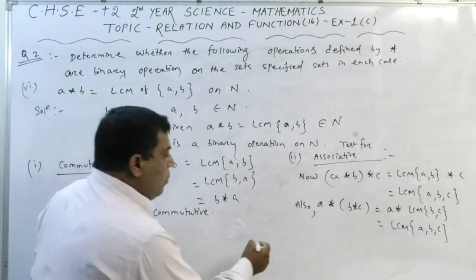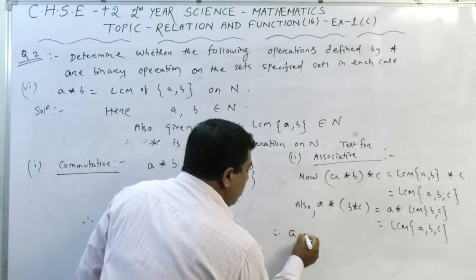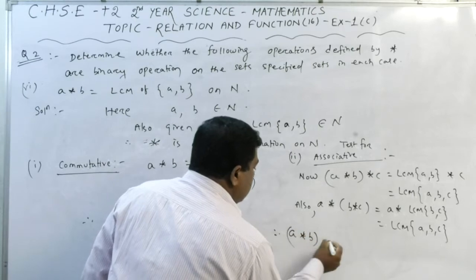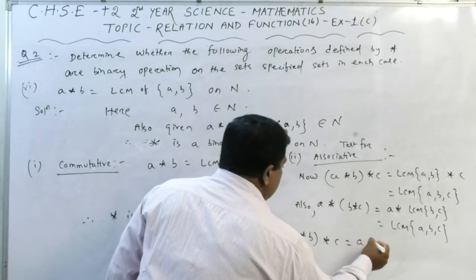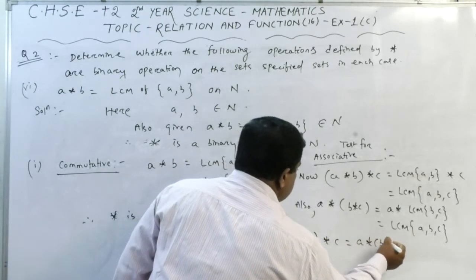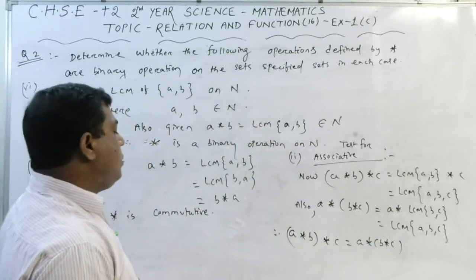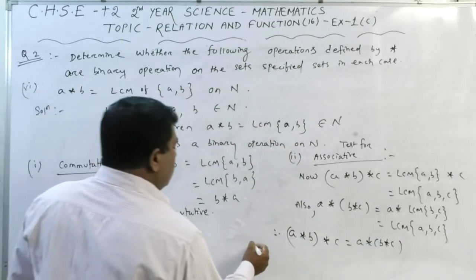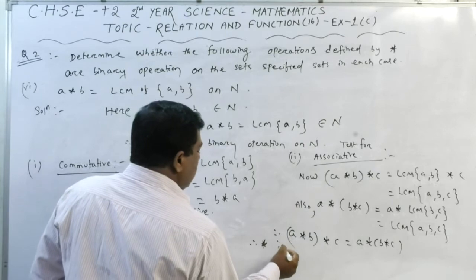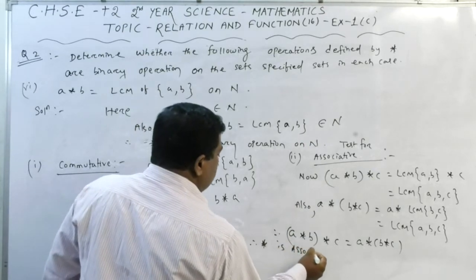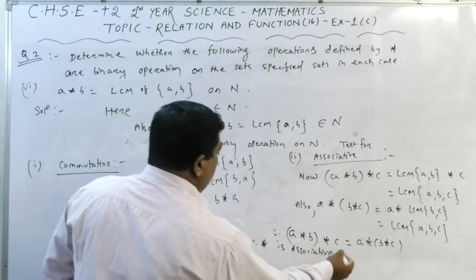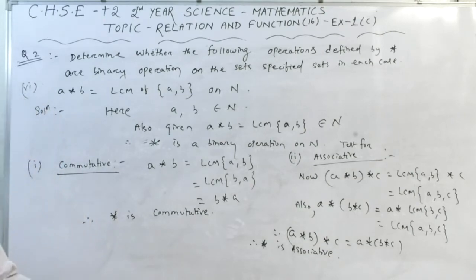Okay. Therefore the conclusion is (A star B) star C is equal to A star (B star C). So we can say therefore star is associative. Okay, my dear students, you see it.